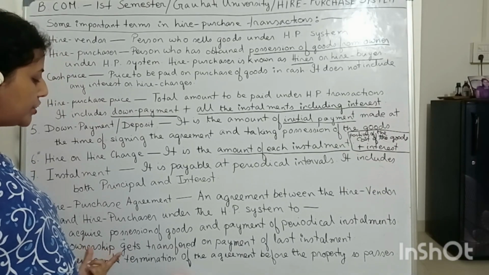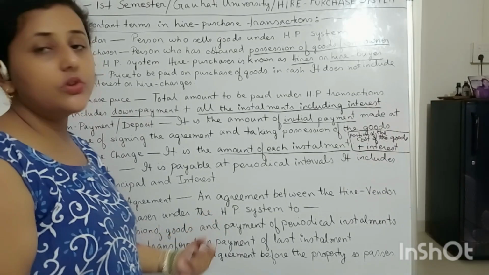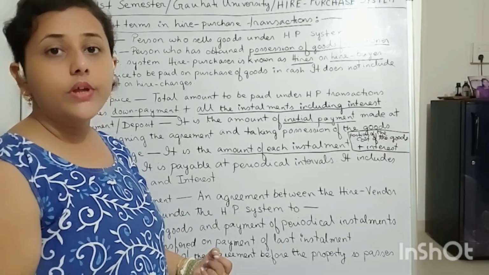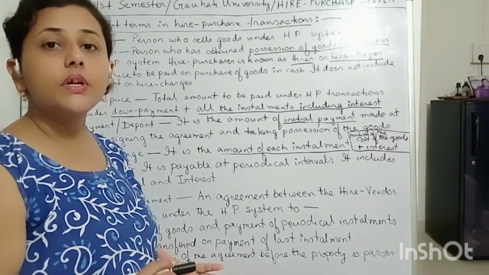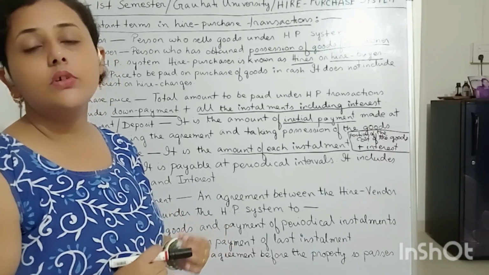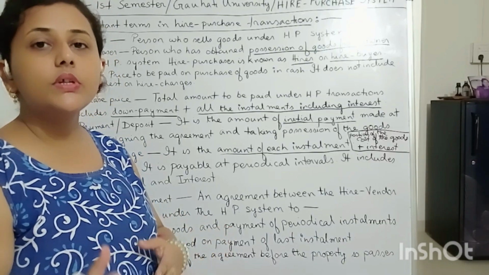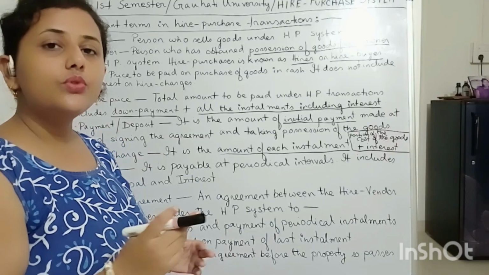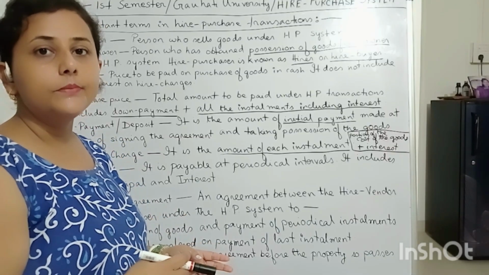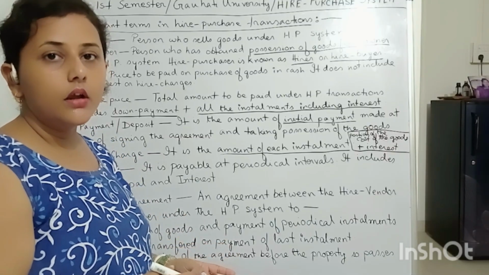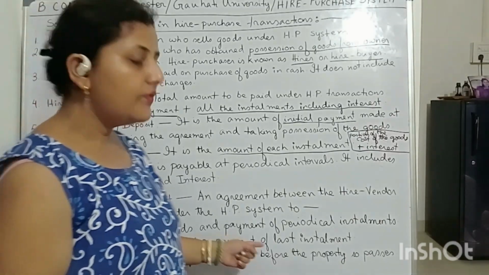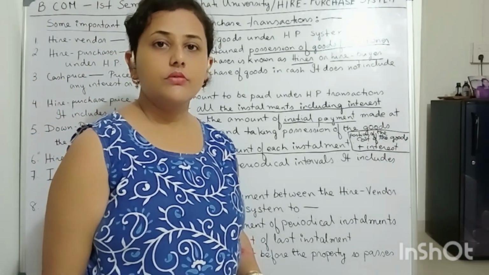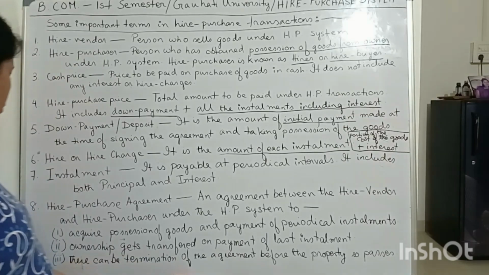Then you see, ownership gets transferred on payment of last installment. It will be mentioned in the agreement that the ownership of the goods will be transferred from the hire vendor to the hire buyer on the payment of the last installment.